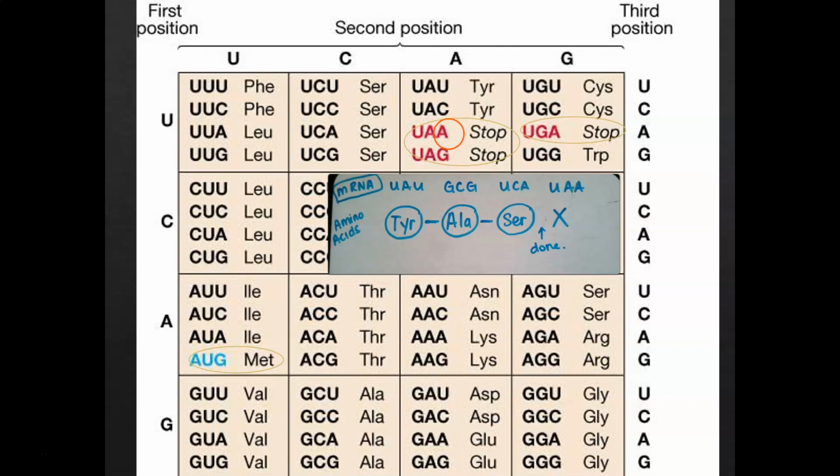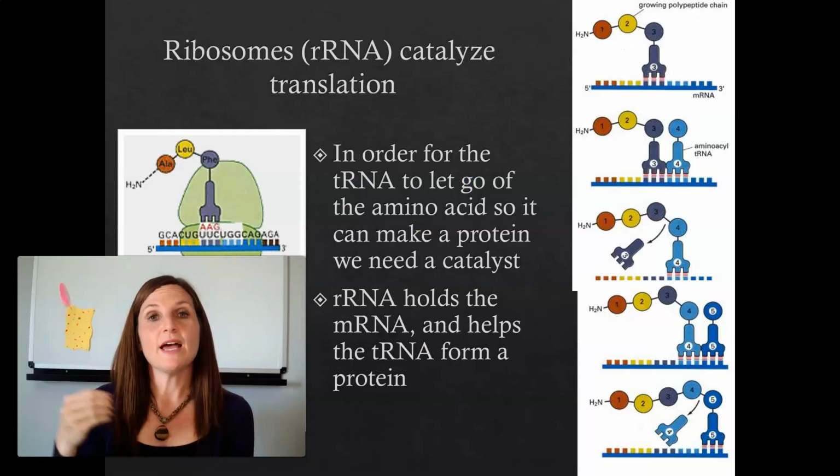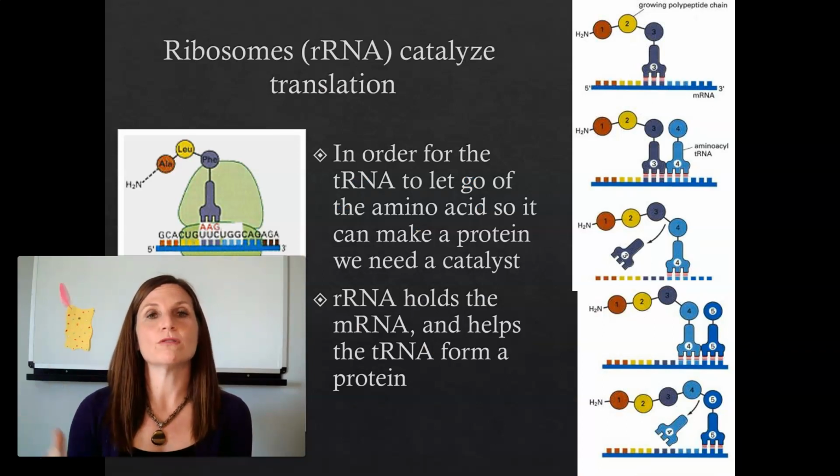Also, when making a polypeptide, we are always going to start with AUG, or methionine. So methionine is the start codon AUG, which codes for the amino acid methionine. These amino acids get added link by link by link in order to form a polypeptide.